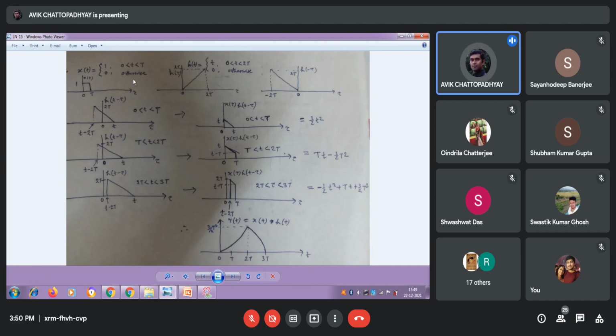That means in this problem, the width or the base of these two signals are the same. This is also from 0 to t, height is 1. This signal will be from 0 to t, and as it's a ramp, at t the height will be t. So, got it?